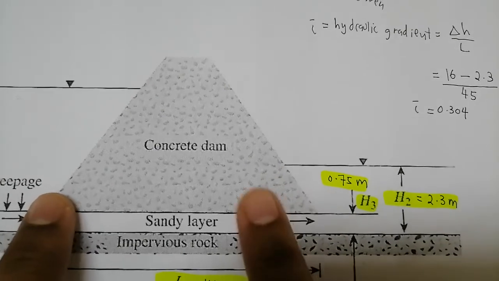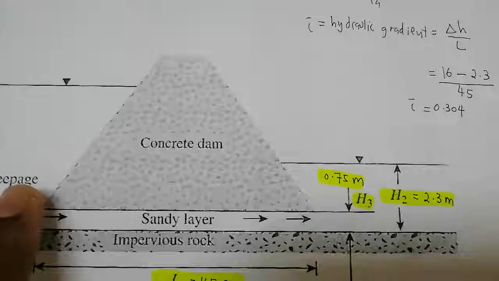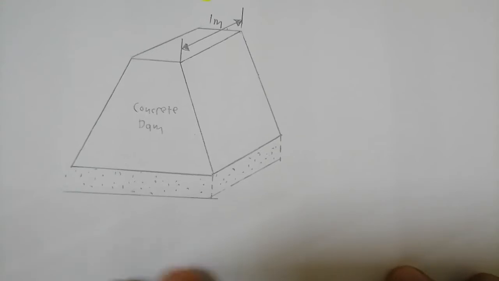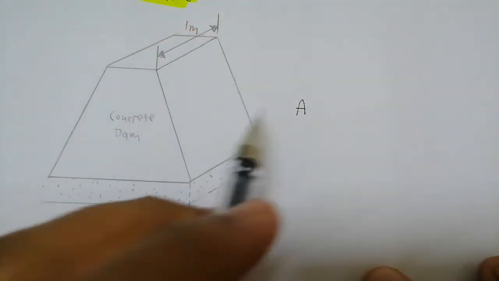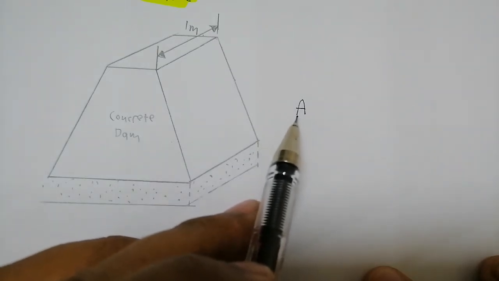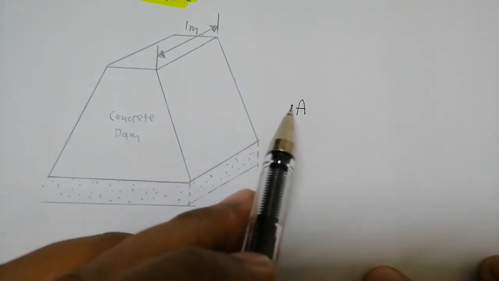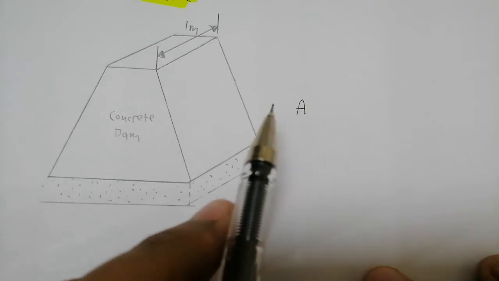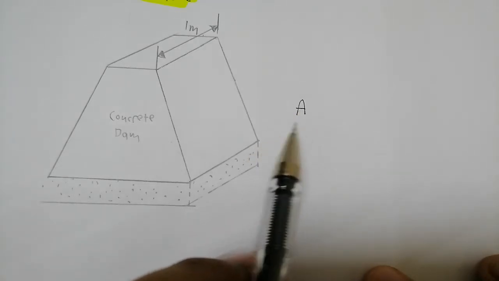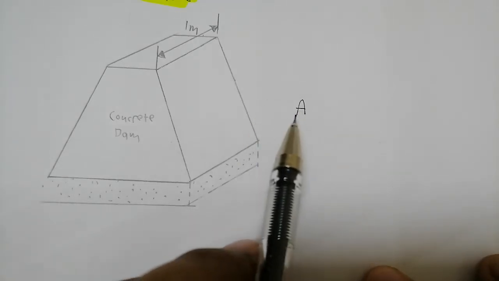Okay, so let me draw this for you. Okay guys, so as I said just now, in order to find the A, the area of the seepage, the area where the seepage occurs, area yang mana seepage itu berlaku.